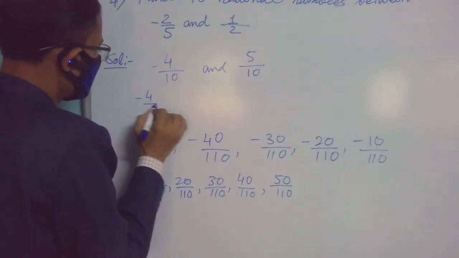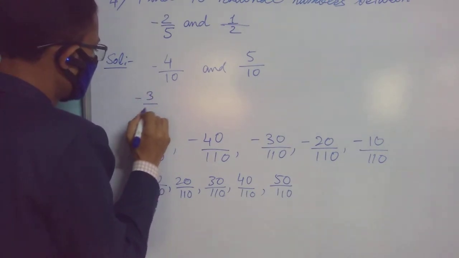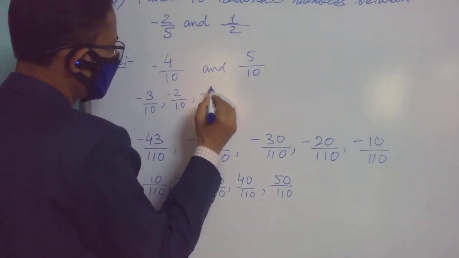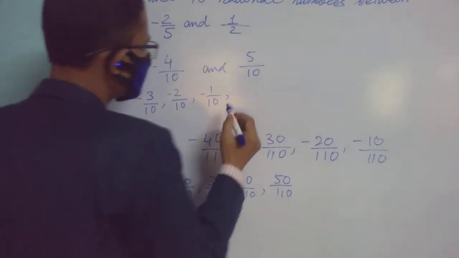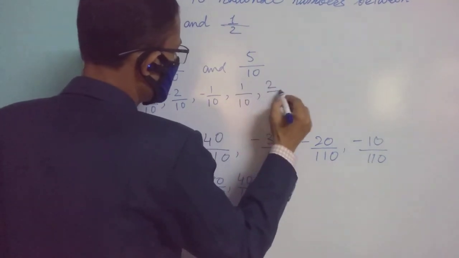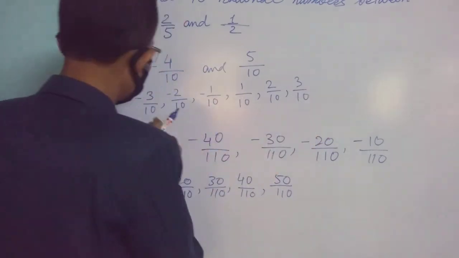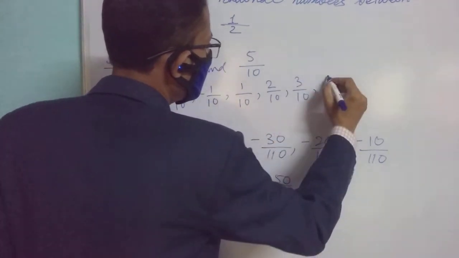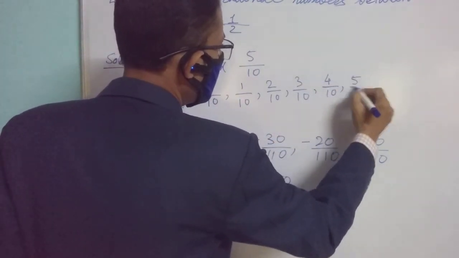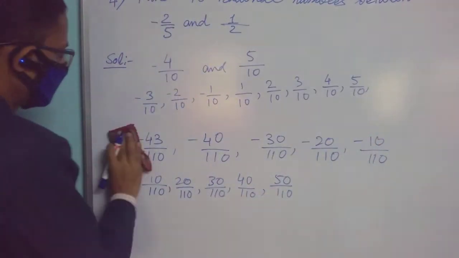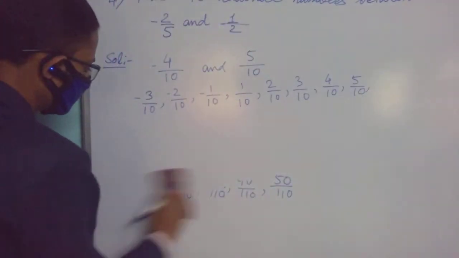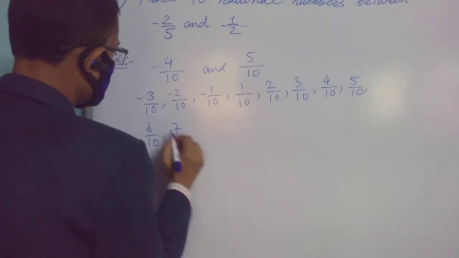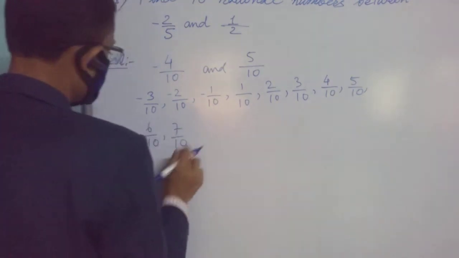Now you can write like 3 by 10, 2 by 10, minus 1 by 10, then 1 by 10, 2 by 10, 3 by 10, 4 by 10, 5 by 10, 6 by 10, 7 by 10.